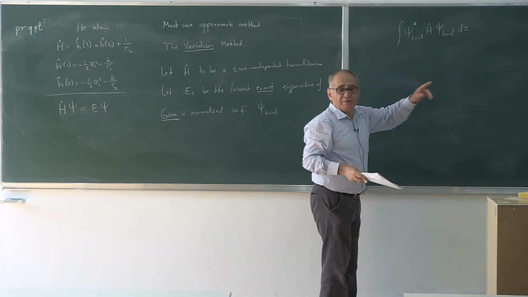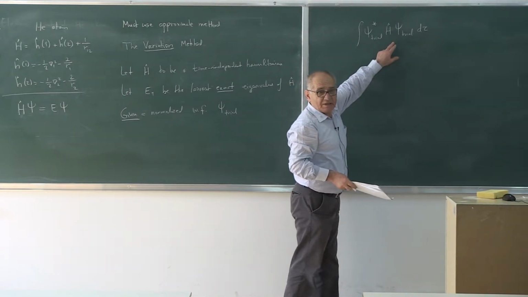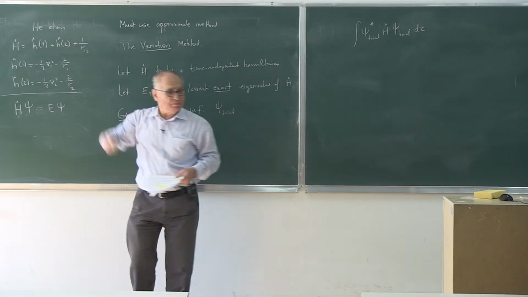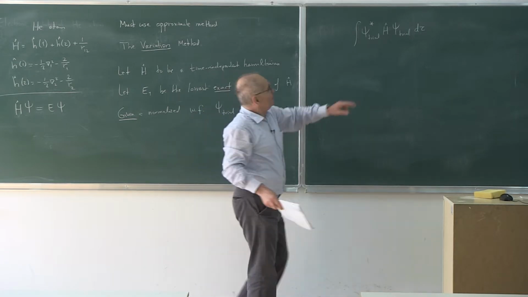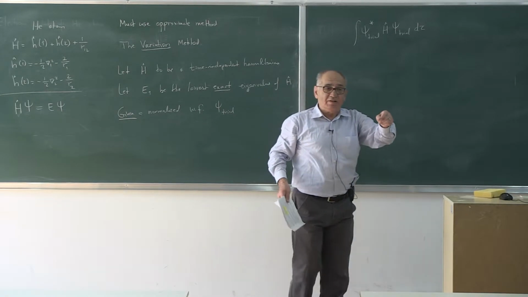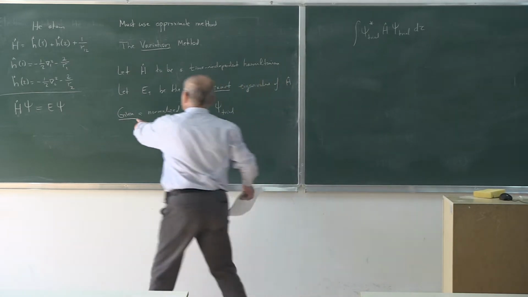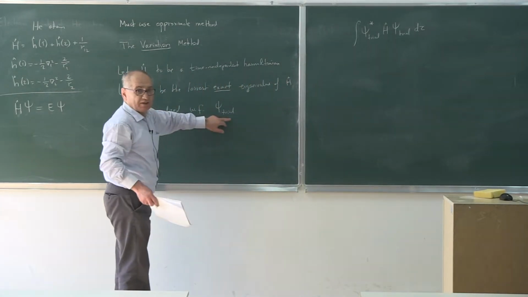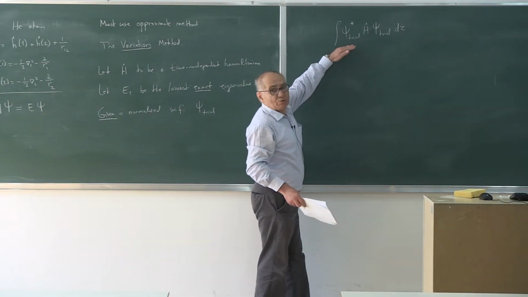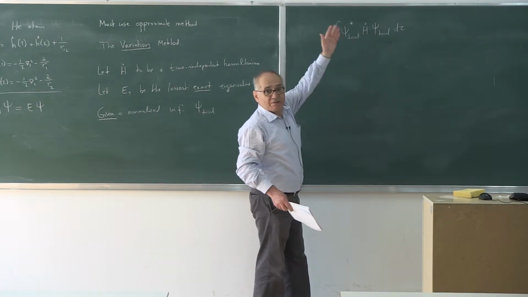In this expression, everything is known. H is explicitly known. For example, here, this is completely known. By assumption, this function psi trial is given to us here, given a normalized psi trial. So there are no unknowns in this integral. Limits are over all space.